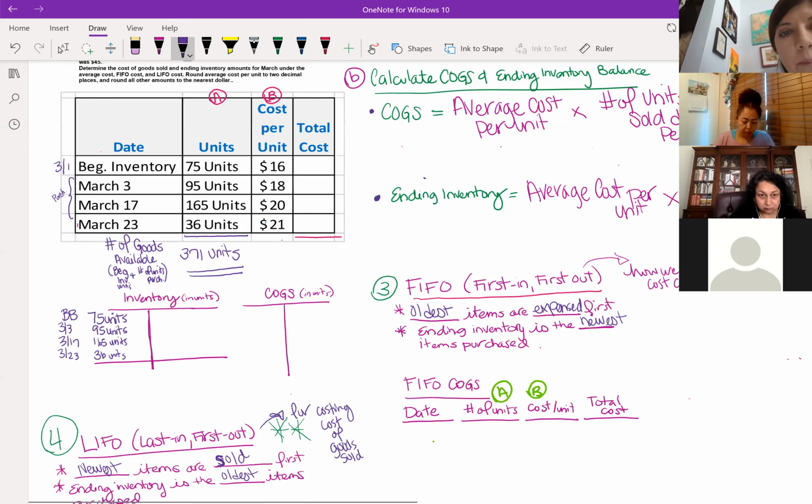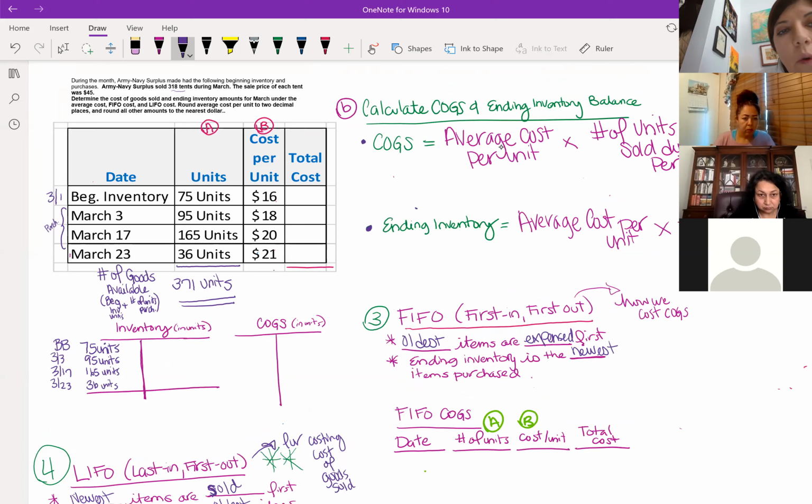Up at the top, they gave us information. It said Army-Navy surplus sold 318 tents during March. So did they tell us how many tents were left over? Or did they tell us how many units were sold during the period? How many were sold?